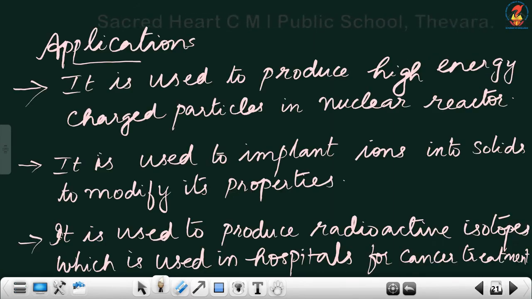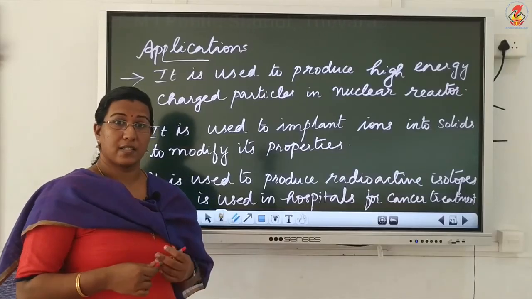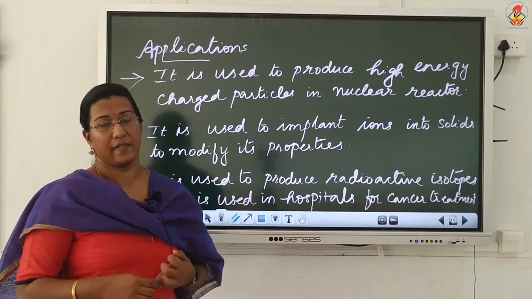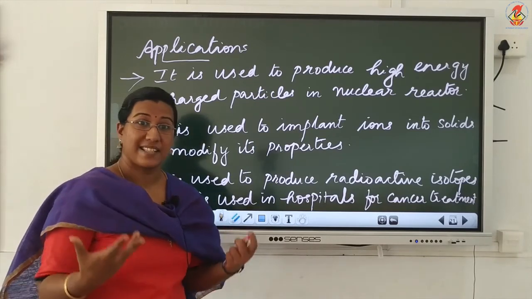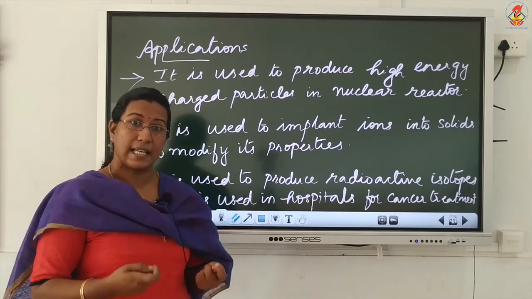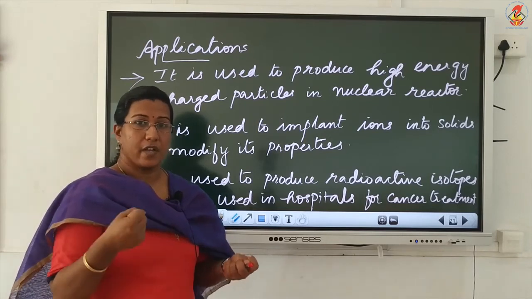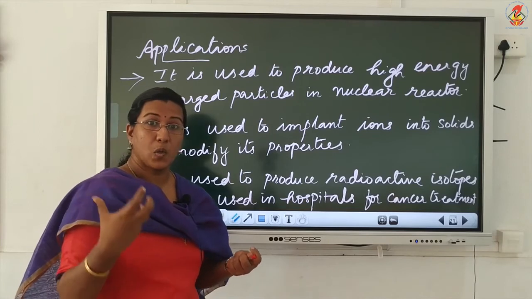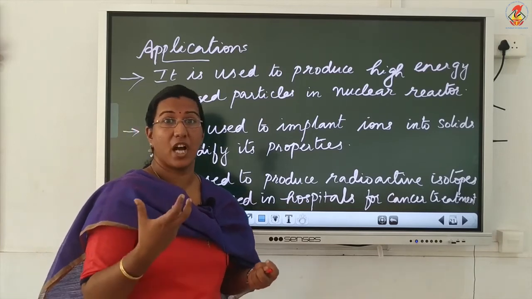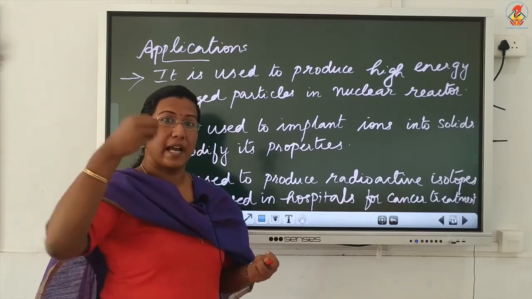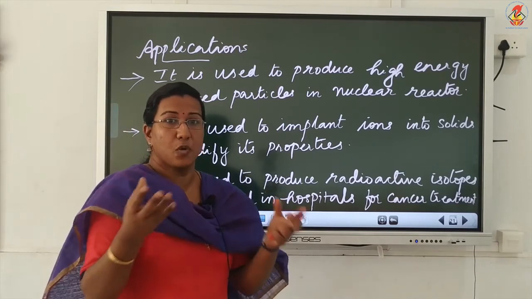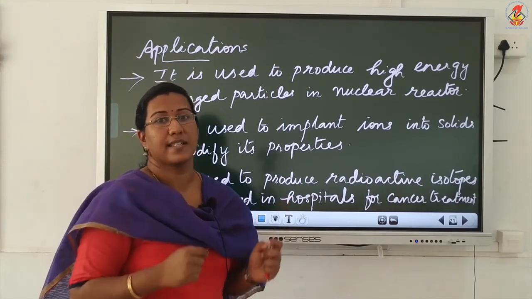Let us see what the applications of the cyclotron are. I told you the cyclotron was a device created by Lawrence and Livingston in order to accelerate charged particles. In nuclear reactions, we bombard the nucleus with a high energy charged particle, so to split the nucleus, we use a cyclotron.